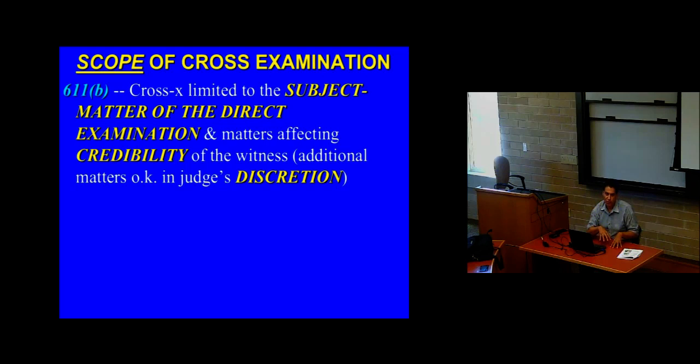Now, you can ask the judge, can I go outside the scope of the direct and cross-examine this witness? And the judge, in her discretion, may allow that, but only in situations where, let's say, that witness would not otherwise be available at trial, so that you couldn't call them during your case in chief.